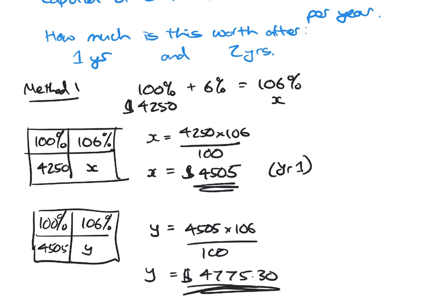The key thing to notice here is that working out the first year, I think, is fairly straightforward. As long as you know you've added on 6%, you've got 106%. That's what you're trying to find, so that's your X. The 100% is what you started with. But at the end of the first year, that now becomes the 100% for the start of year 2. And then you work it through.